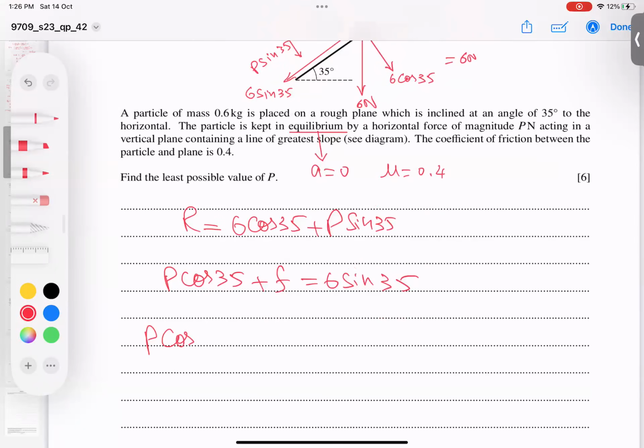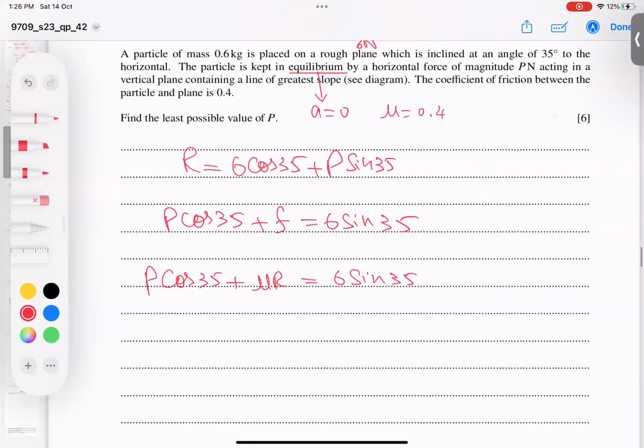So P cos 35 plus mu R equals 6 sine 35, and mu is given by him as 0.4. So P cos 35 plus 0.4 times R, and R I just got here. So in the bracket I'm writing 6 cos 35 plus P sine 35, equal to 6 sine 35.